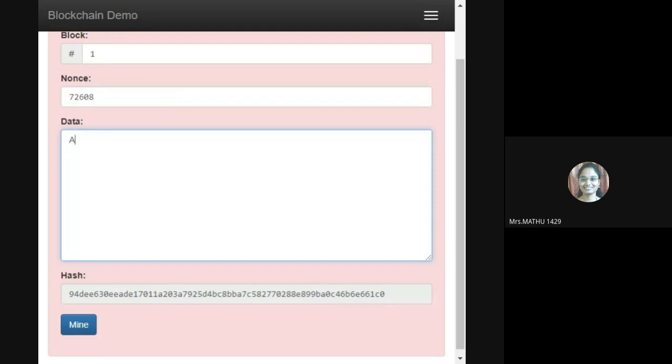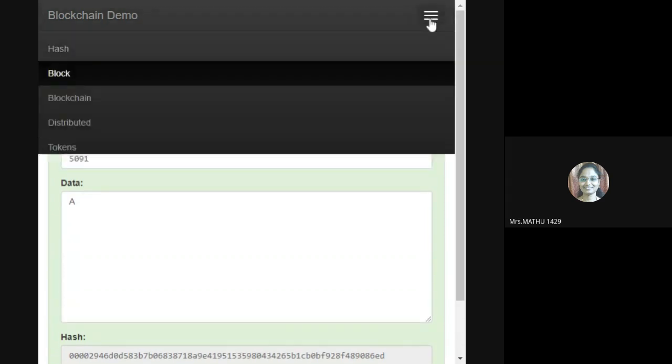So what I have to do is mine again. This mining process has to be done again. You can see that for the update done in this particular transaction, a different nonce value has been generated and a different hash value has been generated. I'll show in the next thing.